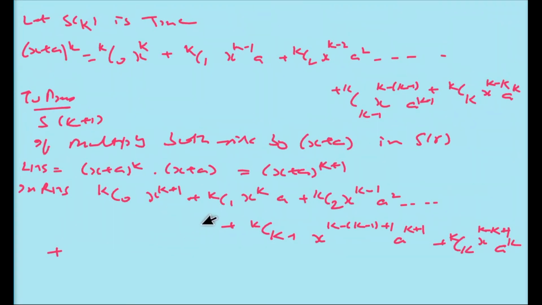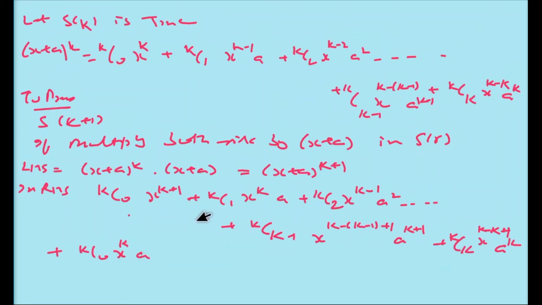Then we multiply by a. You have to write this not multiplied here but in this way: kC0 x to the power k a. Now I am multiplying by a. This is the product of x and this is the product of a.